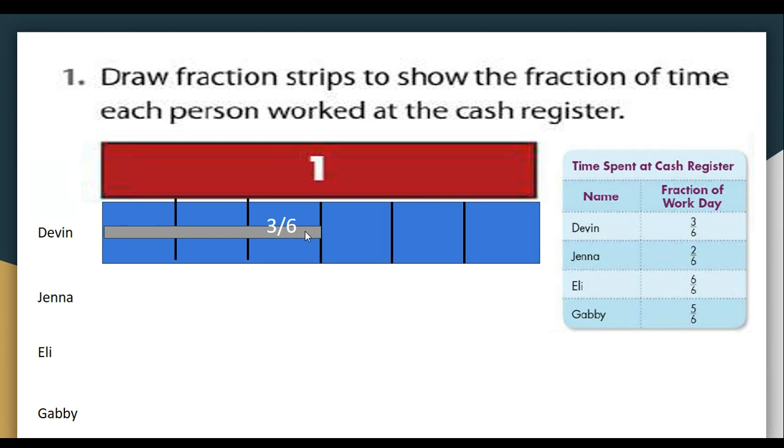If we look at Jenna, Jenna also worked 6 hours. And so we're going to draw her strip, and we're going to partition it into 6 equal parts. So let's take your pencils and go ahead and split that strip into 6 equal parts.